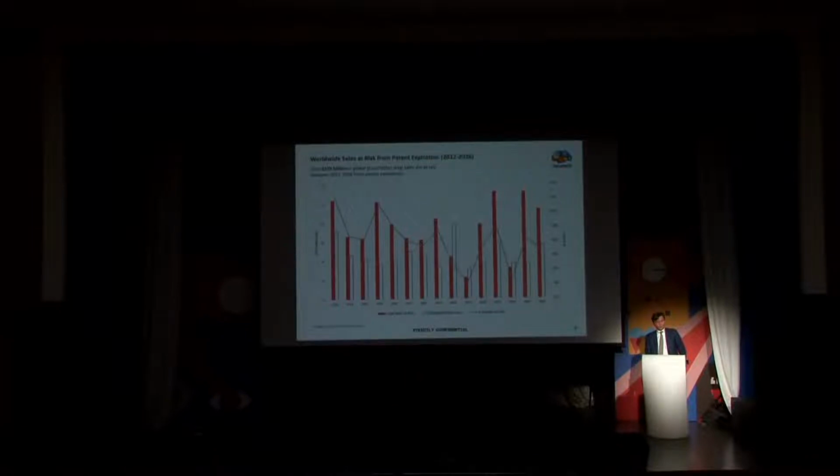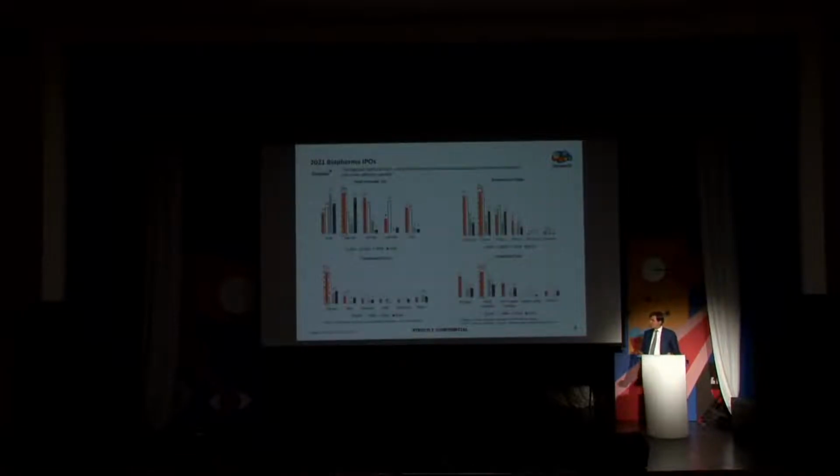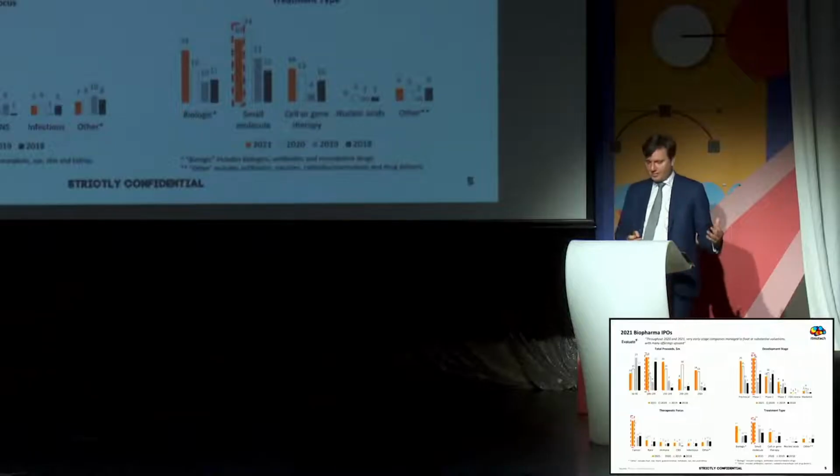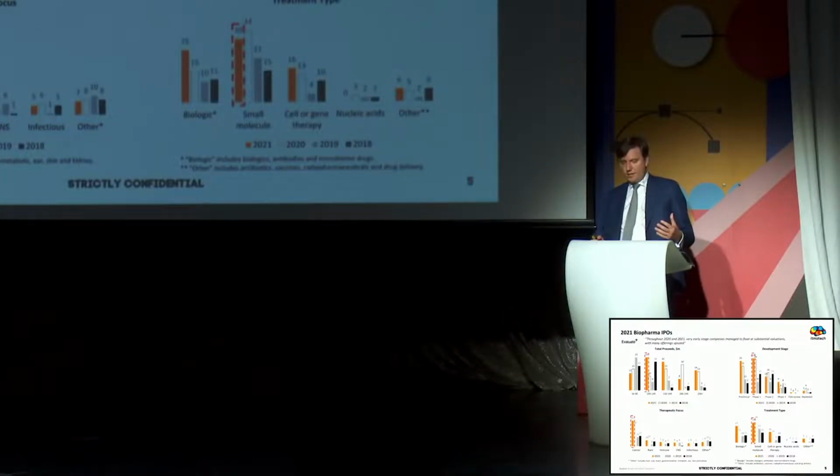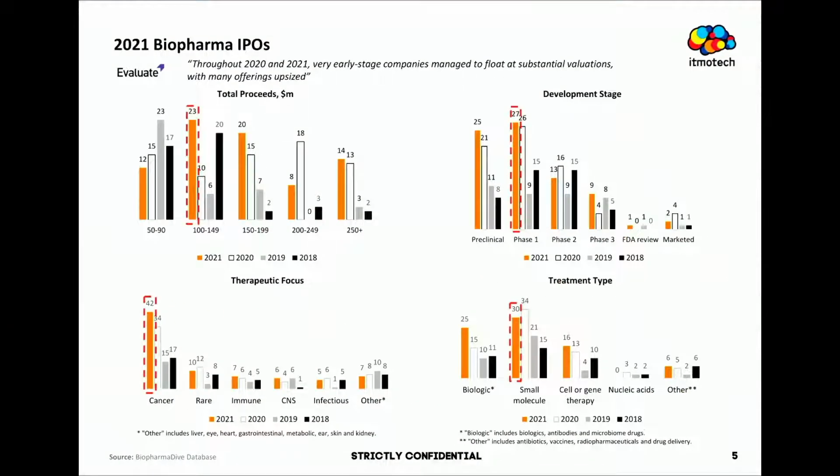And if you want to play in that story, you have to understand the global trends. This is from the point of view of sales of the companies. But then, of course, the other route towards liquidity is the IPO, initial public offerings. And you see here the latest trends in 2021.